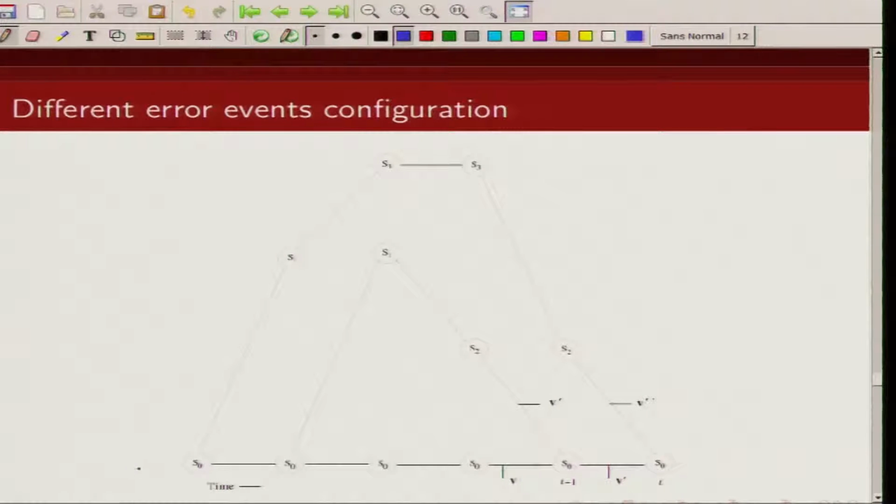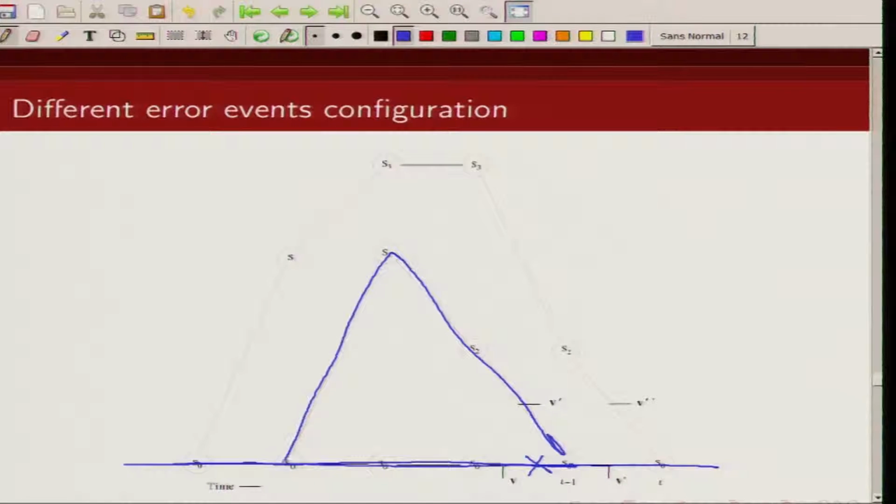For example, this is your all 0 state. So, you were here at all 0 state, when you came to this point, you notice that this metric was better than this metric. So, you discarded this and you decided in favor of this particular code word, which is your code word v dash, but then when you came here, again this metric was better than this.